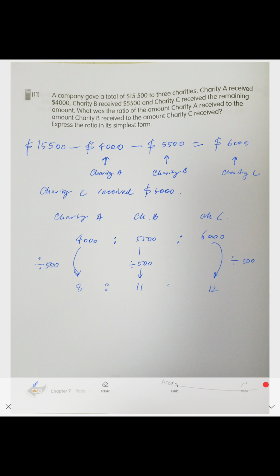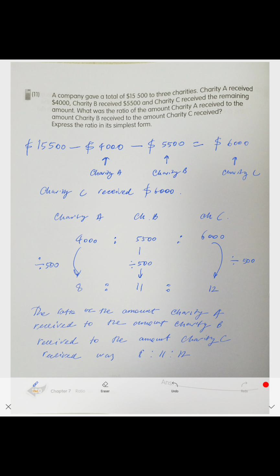So 8 to 11 to 12, that's your ratio. And well, this sentence is gonna be long. All right, the ratio of the amount charity A received to the amount charity B received to the amount charity C received was 8 to 11 to 12.